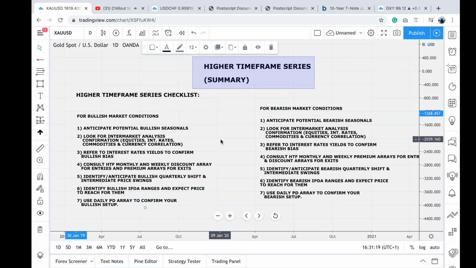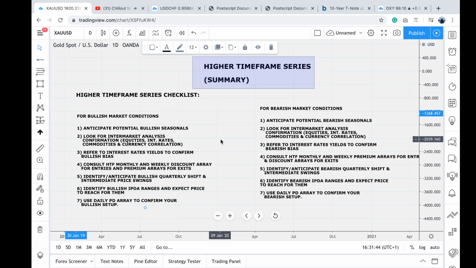You also want to look for market analysis confirmation via the stock market, which is equities, interest rates, commodities, and currency correlation. Basically, you're looking at every asset class correlated with the pair you're trying to trade, and drawing a conclusion to confirm whether your bias on that currency pair is correct or wrong.